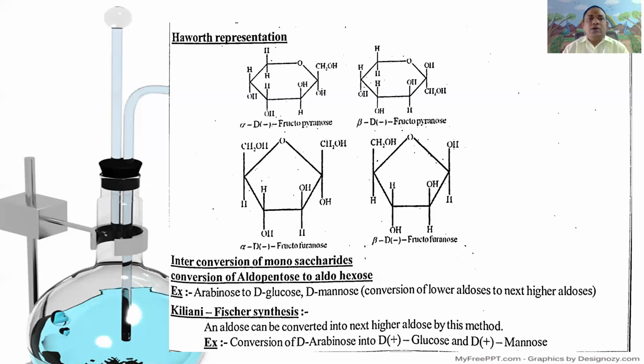It increases the carbon atoms of an aldopentose to aldohexose. In the Kiliani-Fischer synthesis, an aldose can be converted to the next higher aldose by this method, that is conversion of D-arabinose to D-glucose and D-mannose.